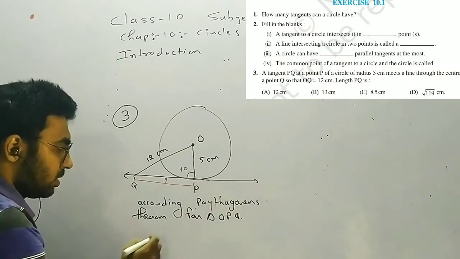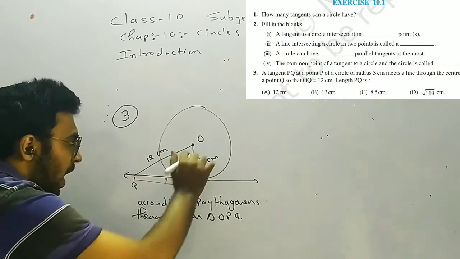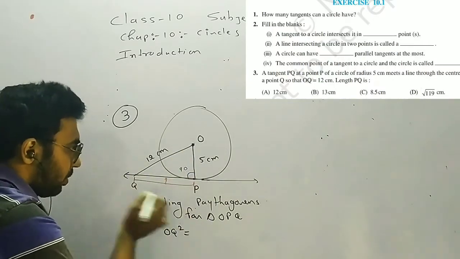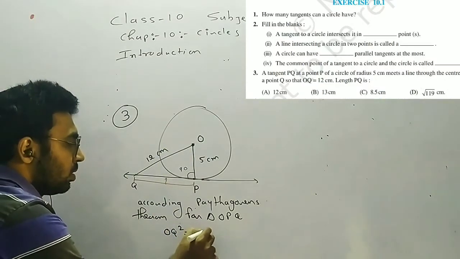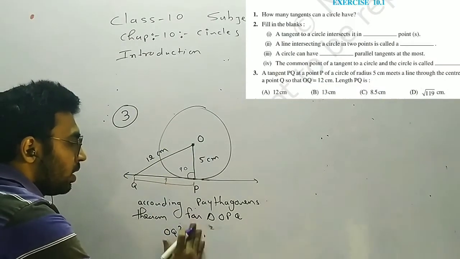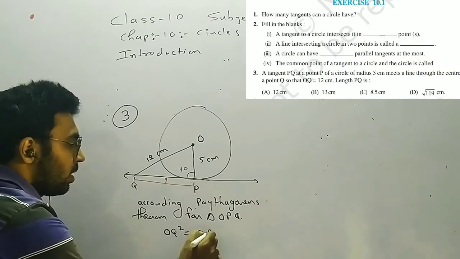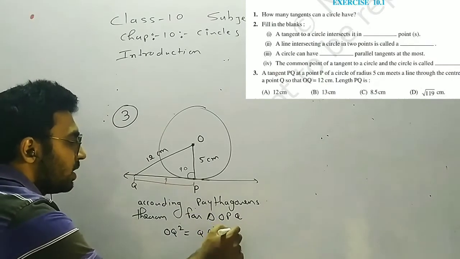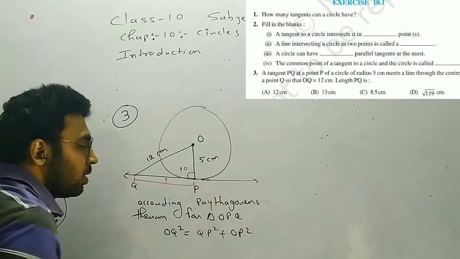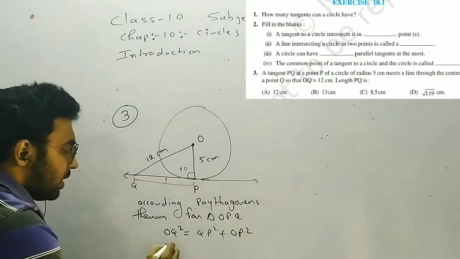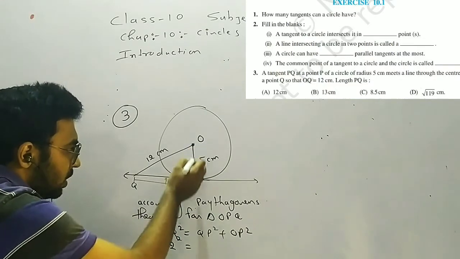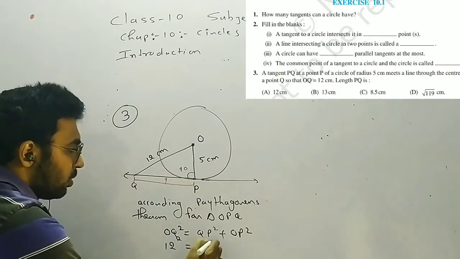What is the Pythagoras theorem? Hypotenuse square is equal to the addition of the squares of both sides. So what is OQ? 12 centimeters. What is QP? We want to find this.